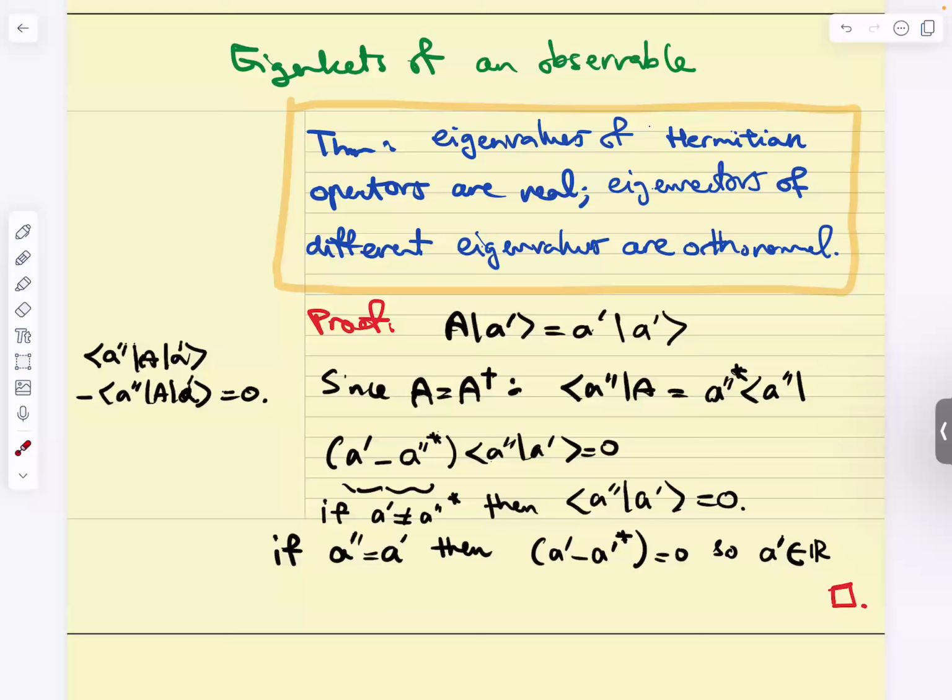Now I've used an assumption here that I didn't clarify. Can anyone point out what is the assumption that I've assumed, but I've used? I'm hiding behind the notation. Any thoughts?